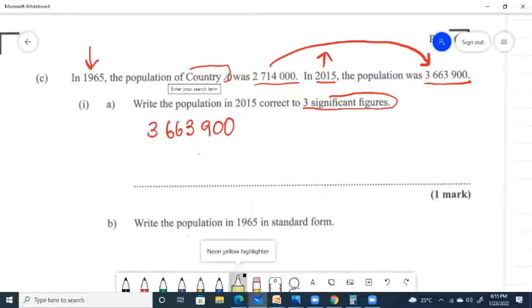And remember, the first significant figure is the first non-zero digit moving from left to right. That means 0 will never be the first significant figure. Can never happen. So just remember those little things.